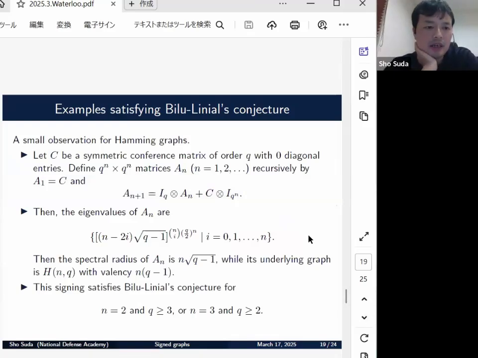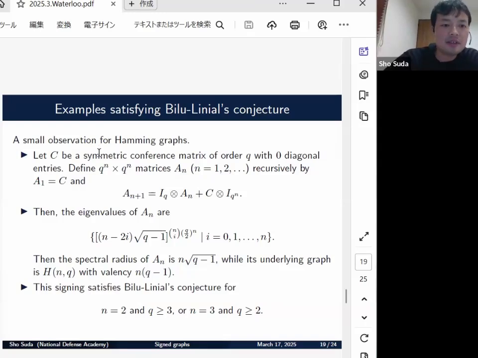Now, this is a small observation for Hamming graphs. For Hamming graphs, we can consider some nice signings using the conference matrix.